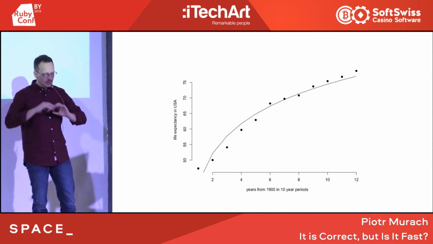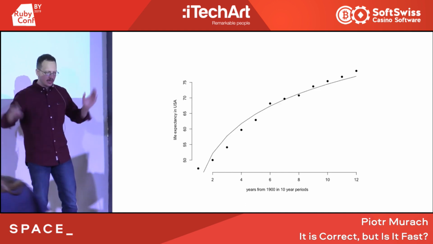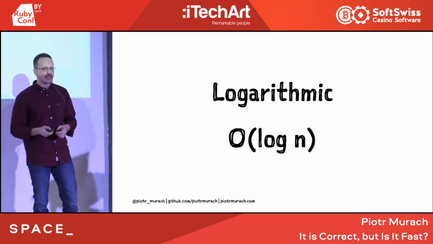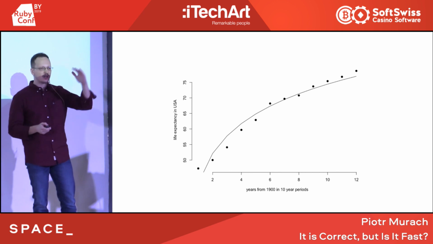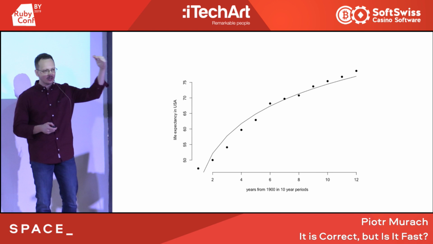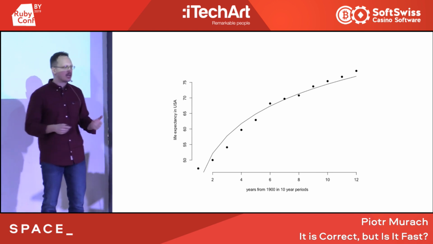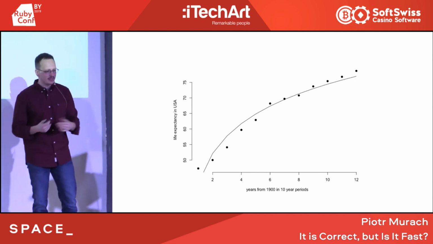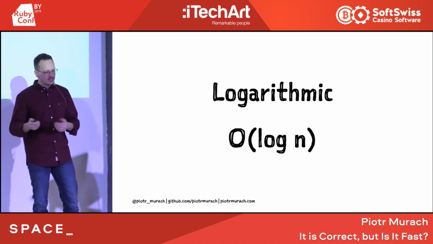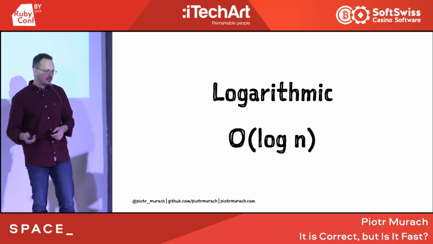In this case, we find a line, and in big O, this line is called logarithmic. And this is actually a quite good line. It's steep at the beginning for small inputs, and then it tapers off later on. We want our methods to behave at least this way. And we note it as log n, where the n is the parameter.